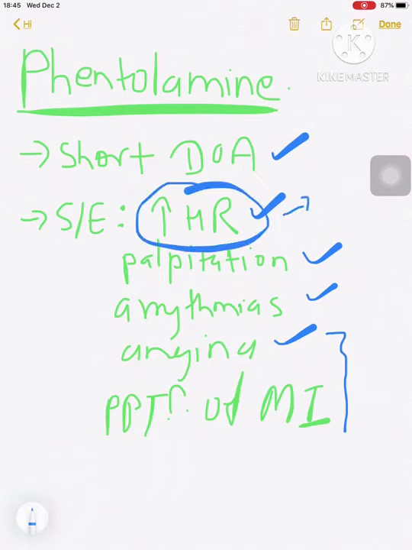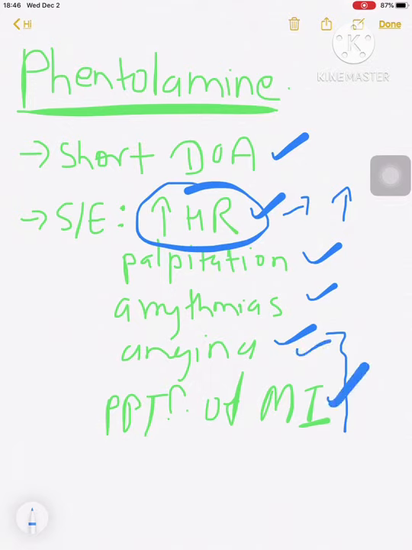If the heart rate increases, the cardiac work increases, and then the cardiac oxygen demand increases. But it is also causing arteriodilation and venodilation. Thus, enough preload and afterload may not be there to supply the coronary circulation, thus precipitating MI and angina.